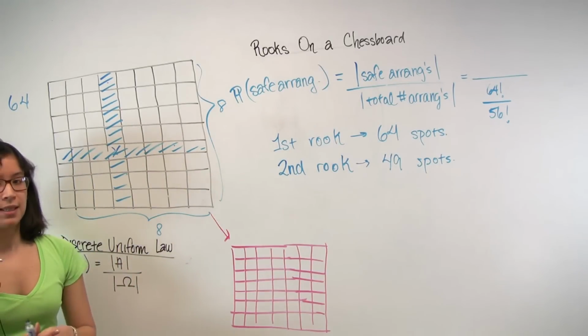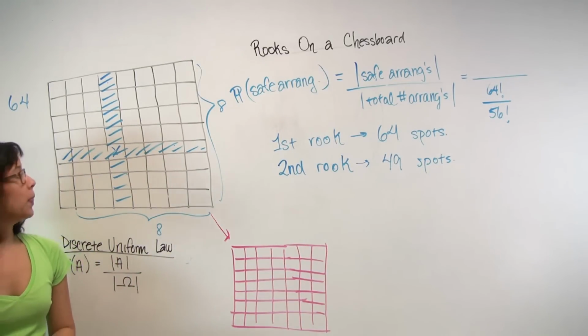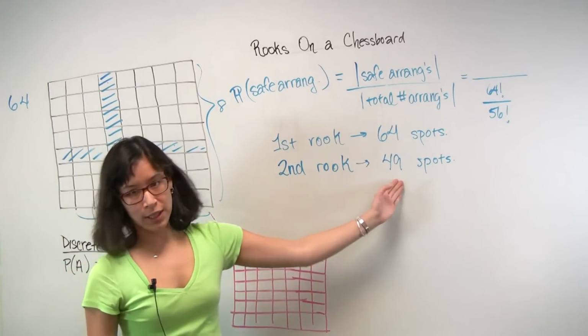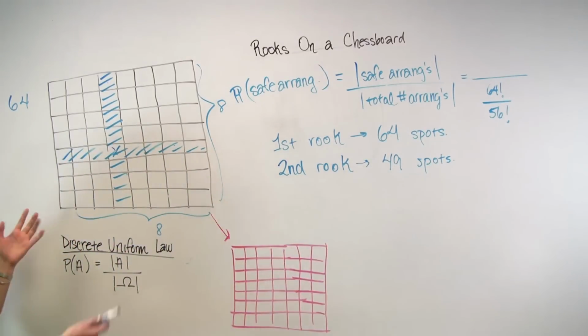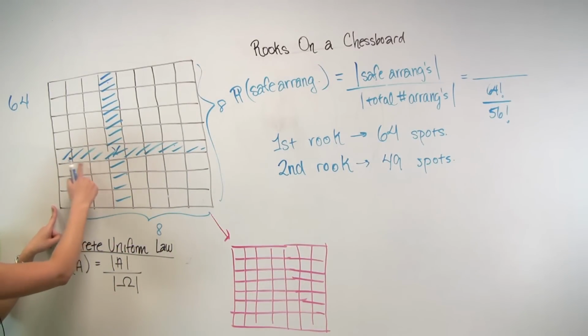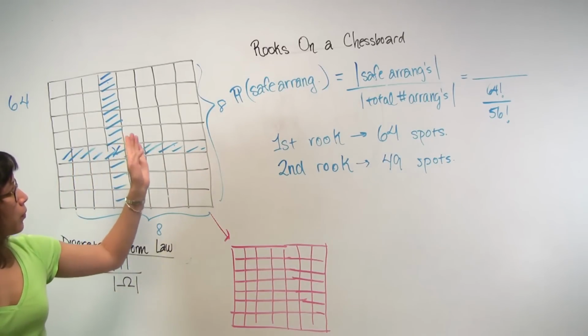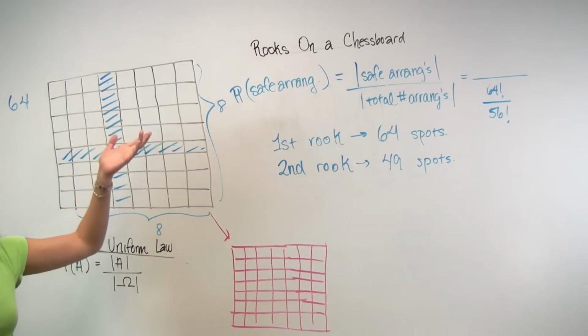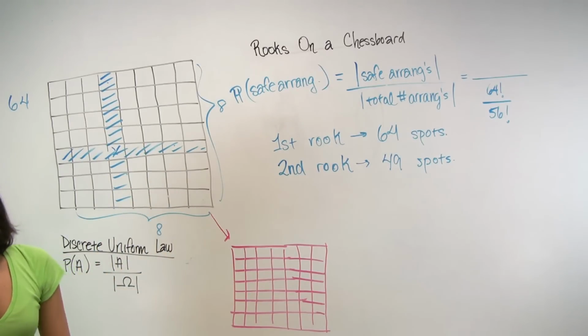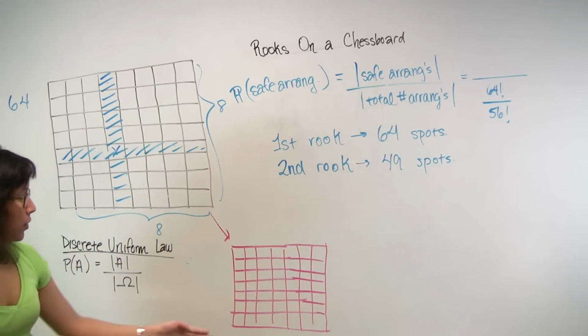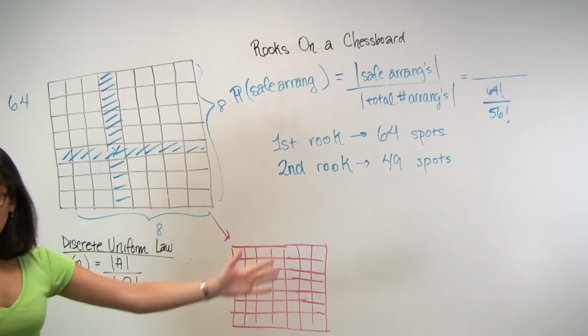I'm just using this as a visual aid to help you see why there are 49 spots. Another way you could see 49 spots is just by counting all the white squares. But I think it takes time to count 49 squares, and this is a faster way of seeing it. So you can put your second rook anywhere here.